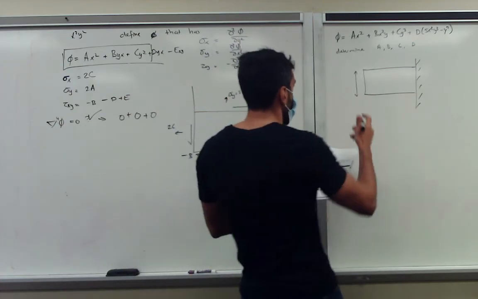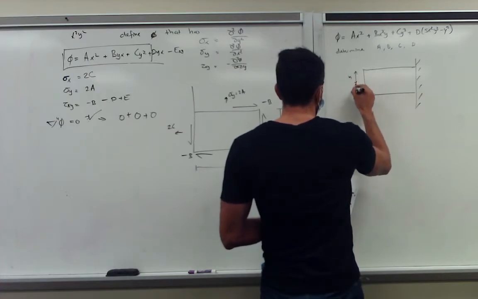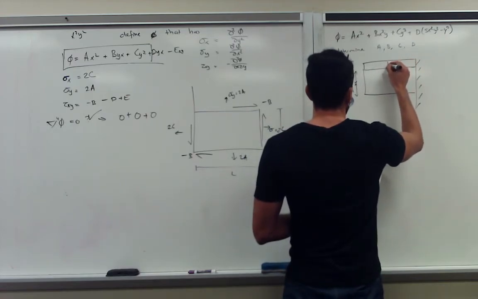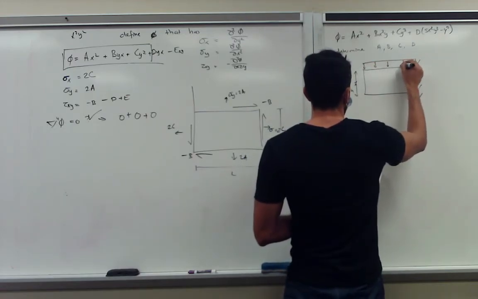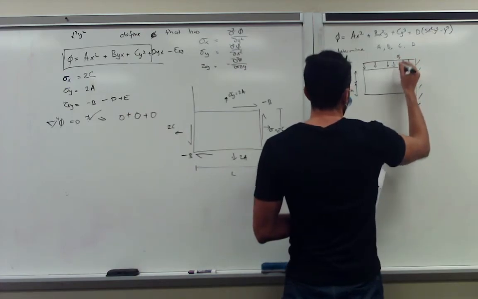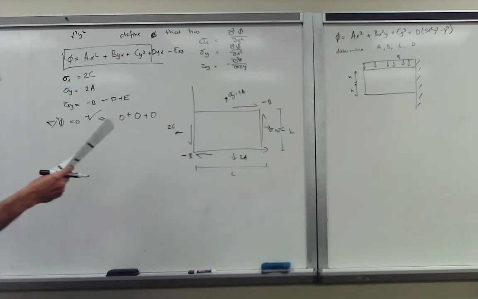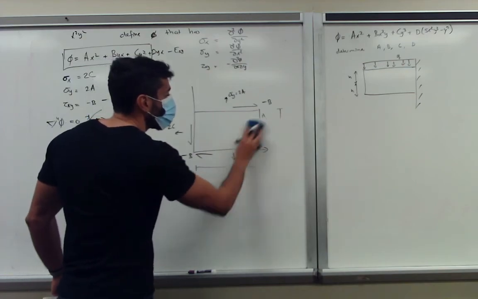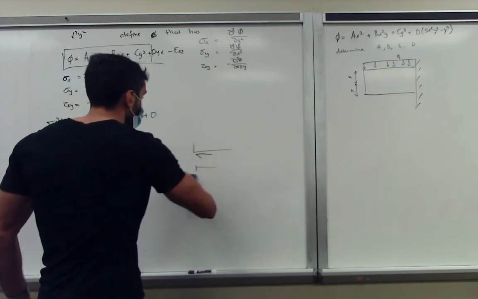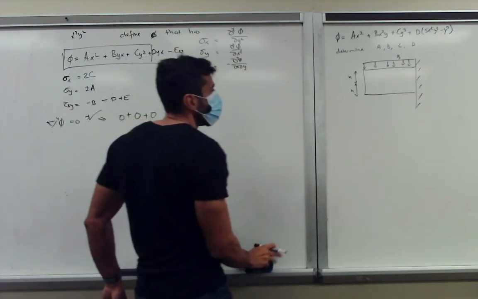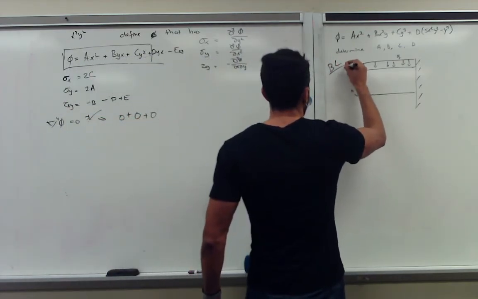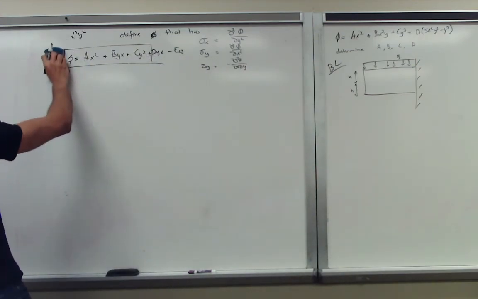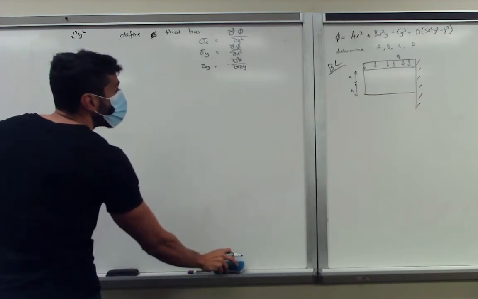This is H and H, so 2H in total, and we have a distributed load equal to Q, which is any given distributed load. And I would basically have to solve not only for A, B, C, and D, but we have to solve it in such a manner that satisfies these boundary conditions. And these boundary conditions are actually needed in order to get a solution for A, B, C, and D.